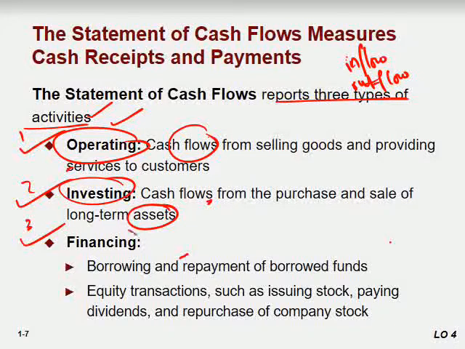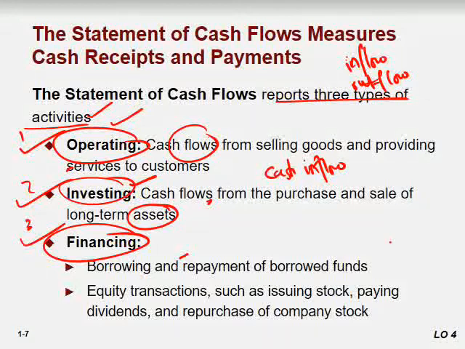We call this investments. Also, sorry to cut in, investing also includes cash inflow as well. How? Because you sold your old asset, old furniture, you receive some money, that is cash inflow, but that is from investments, that is not from your business operation, because selling your office furniture is not your business operation.